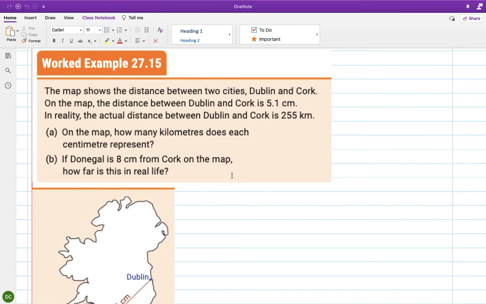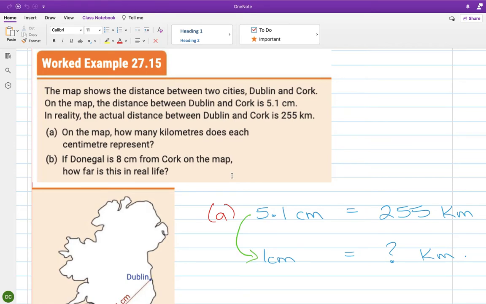Okay, so we know that 5.1 centimetres is 255 kilometres. Yeah? And they want to know how many kilometres does 1 centimetre represent? Okay? So this is like the stuff we did when we were doing the financial maths.